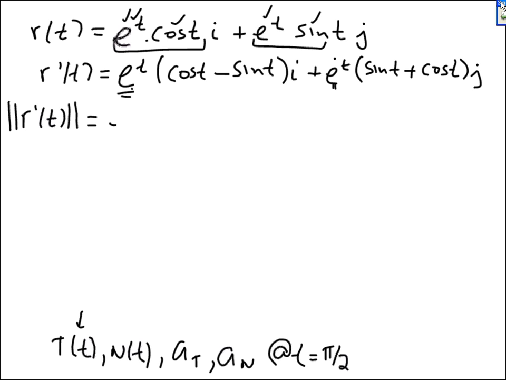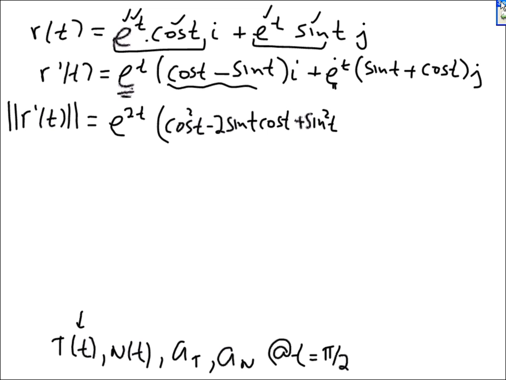So you square the first, you get e to the 2t, times the square of the second factor. That will give us cosine squared t minus 2 sine t cosine t plus sine squared t, plus e to the t squared, which I already have in the first term, so let me factor it out, times the second squared.